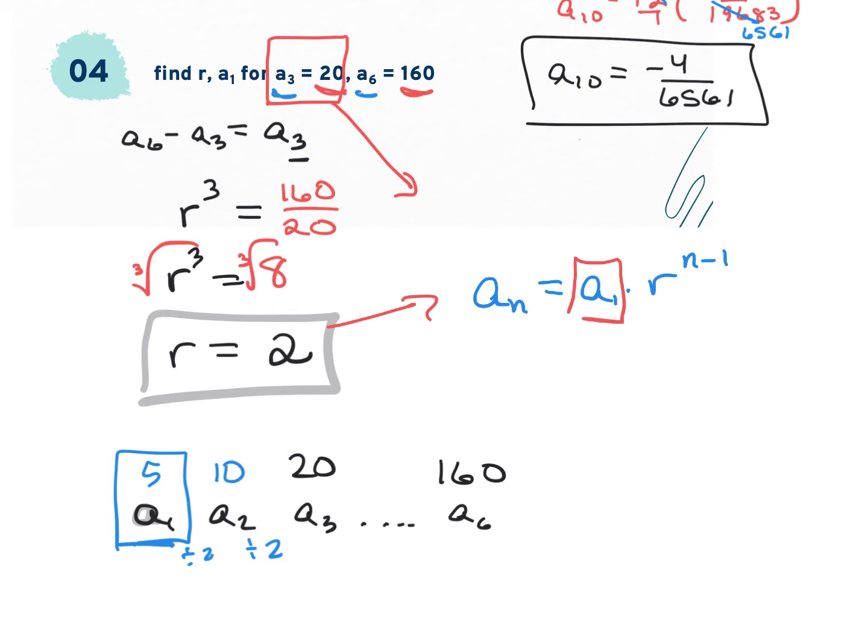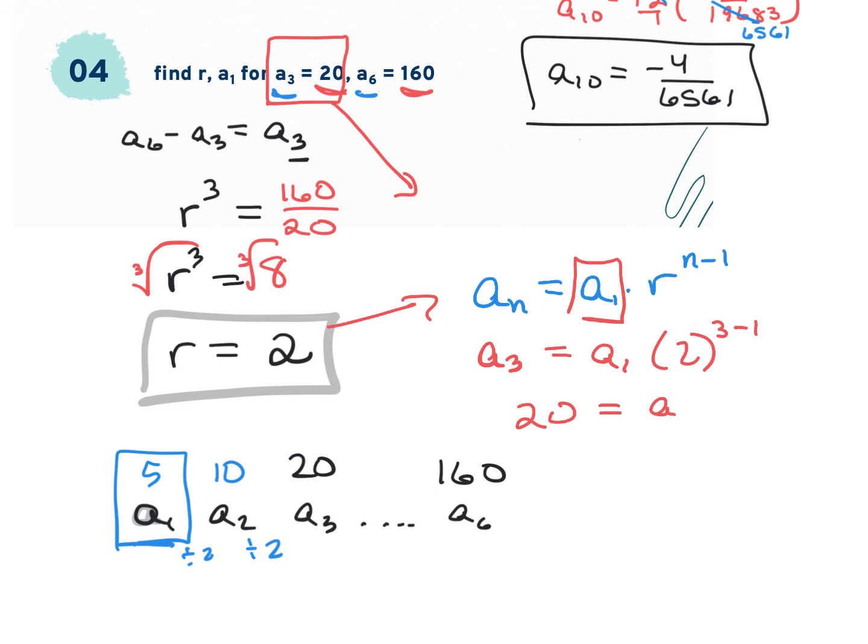So I'm going to plug in a sub 3. You could have also used the a sub 6. It doesn't matter. And then I don't know this. My common ratio is 2. Since I'm using the one that's in the third spot, that's my n value. I'm going to replace a sub 3 with what it equals, which is 20.